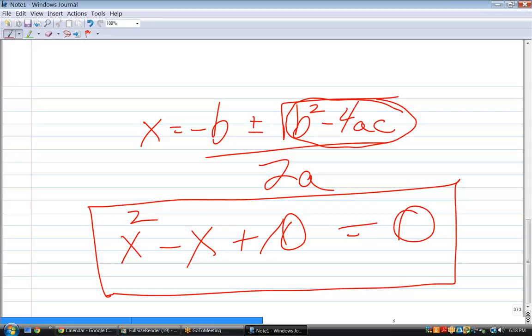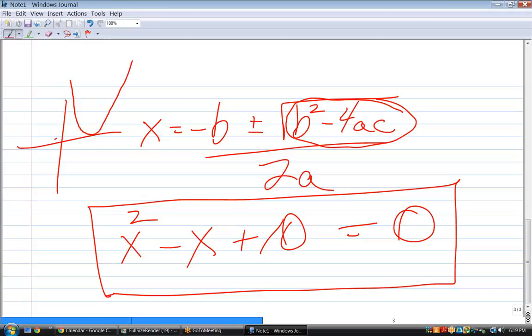In other words, if it has nothing but imaginary solutions, we know it's going to be a parabola that doesn't intersect the x-axis. If it has real solutions, it's going to be a parabola that intersects the x-axis in two spots. And if this thing's equal exactly to 0, it's only going to have one solution, and it's going to intersect the x-axis in one place only.